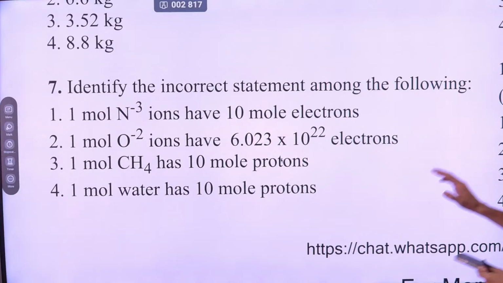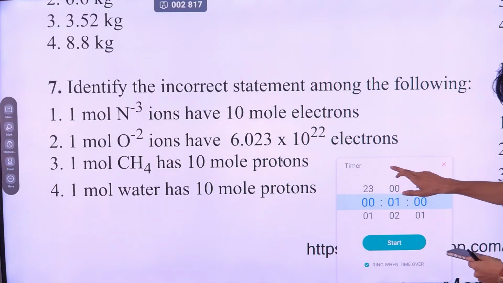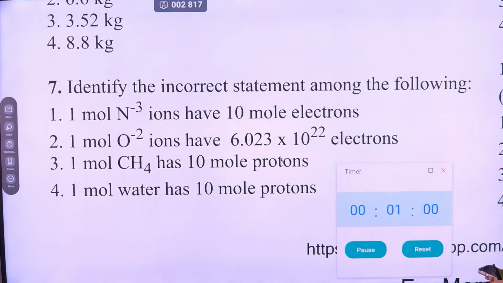Now, this is question number 7 in front of you. I'm starting the timer. Timer is started. Whoever is going to answer fastly, I'm going to take it. Identify the incorrect statement among the following. So we have to identify the incorrect statement. Tell me what is the answer.